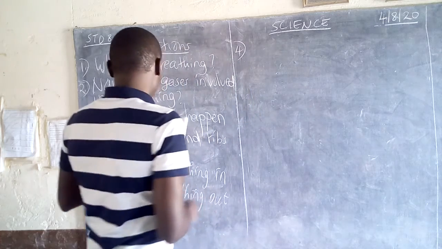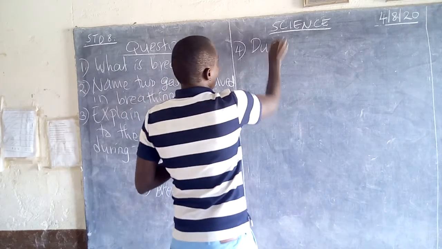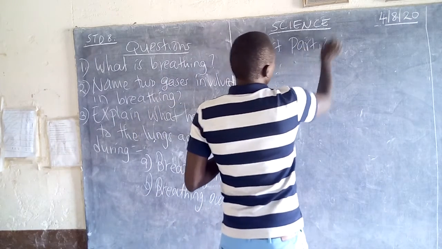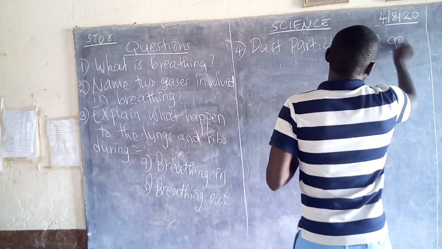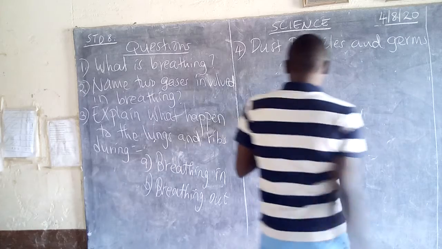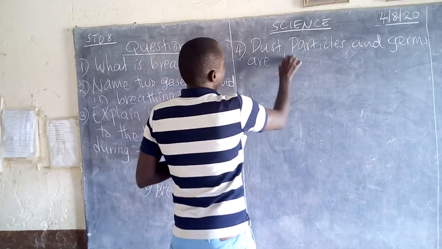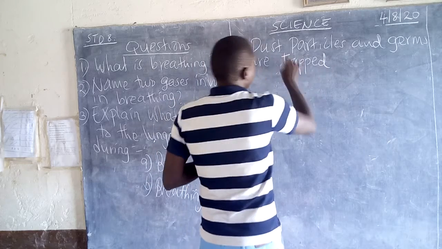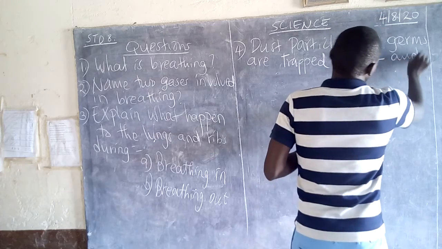Number 4, dust particles and germs attract the dash and dash.